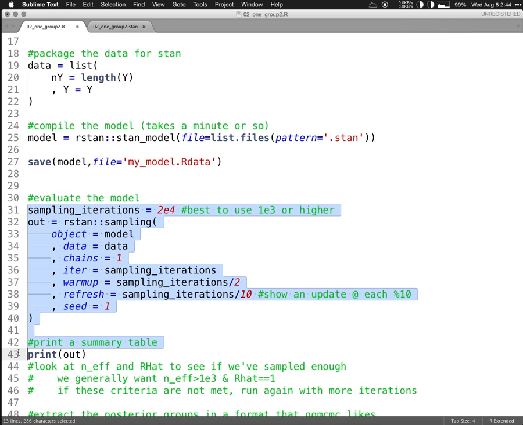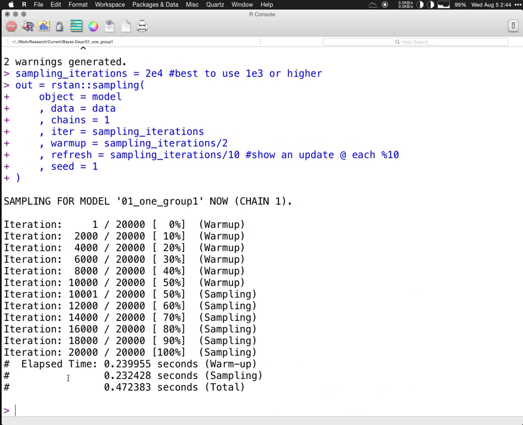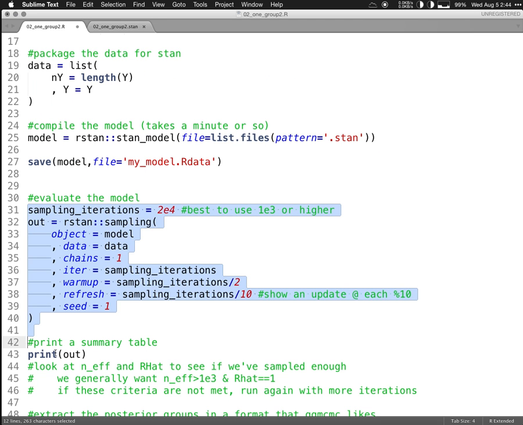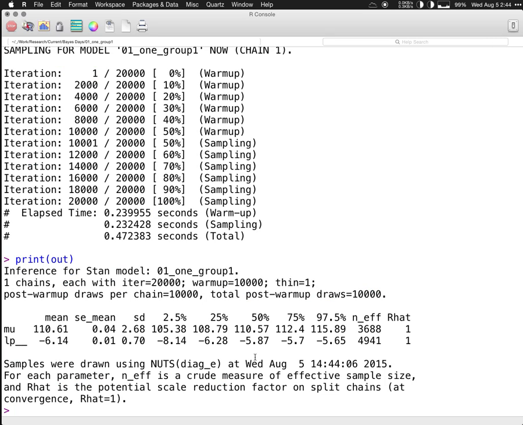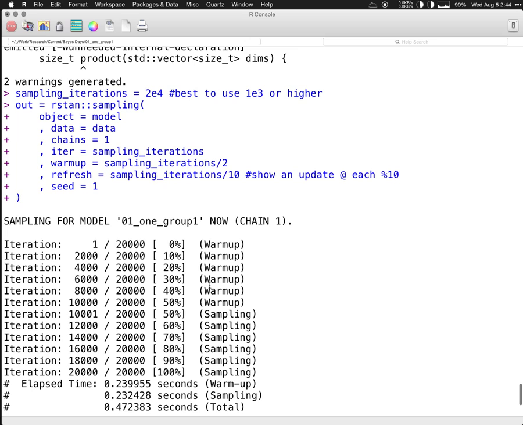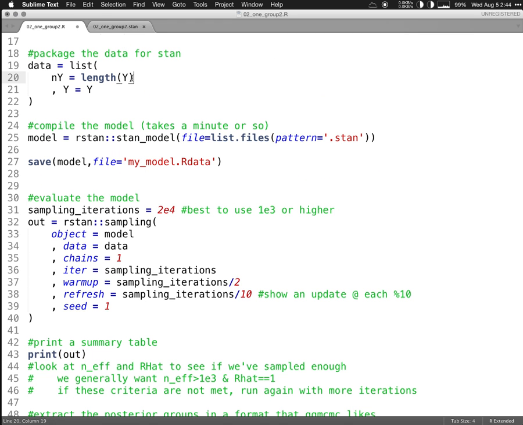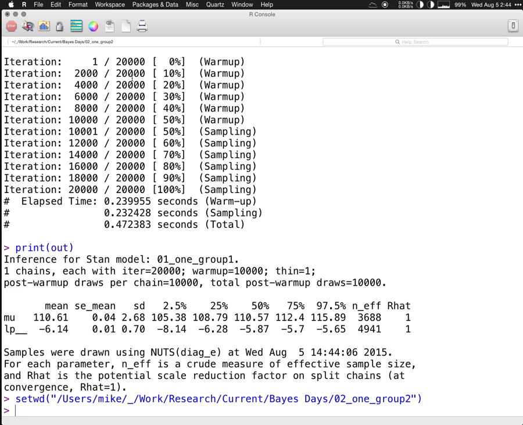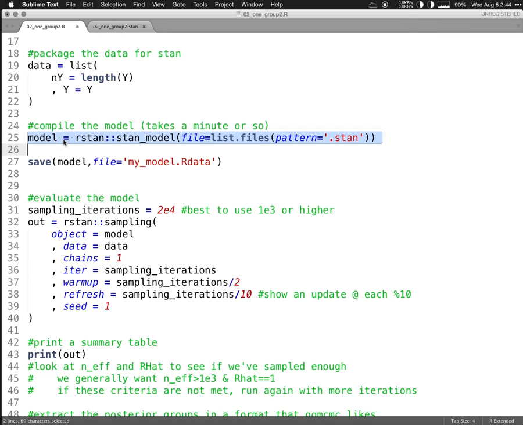In any event, let's run the code, pop over, it's quick to run. One thing I didn't do was change the directory. So it recompiled the one model that it found in the first directory, so I will change the directory. We'll sit here again.